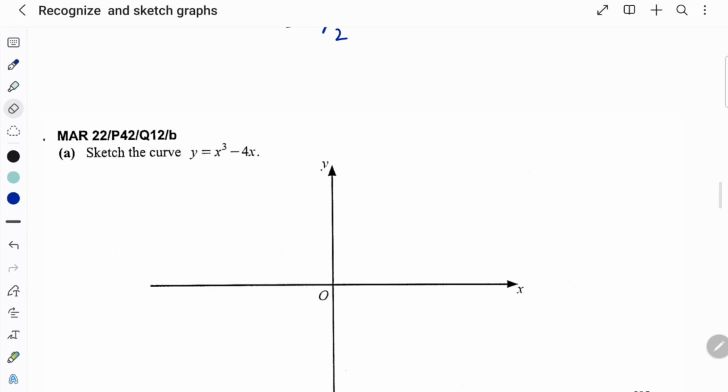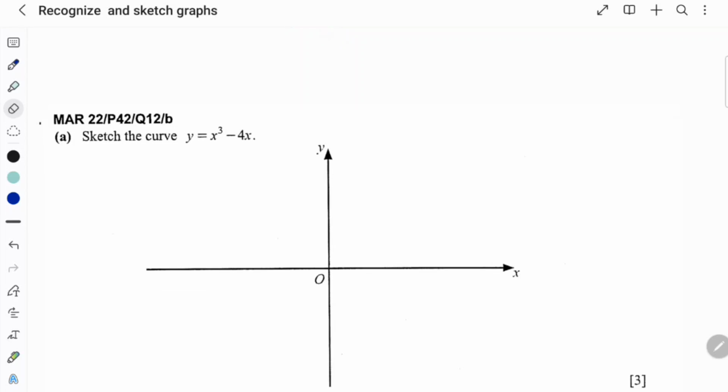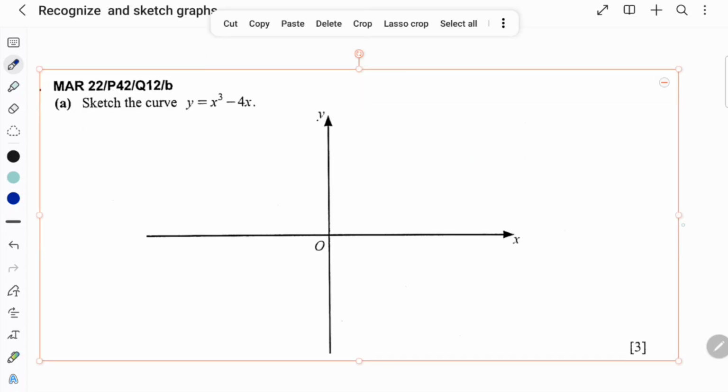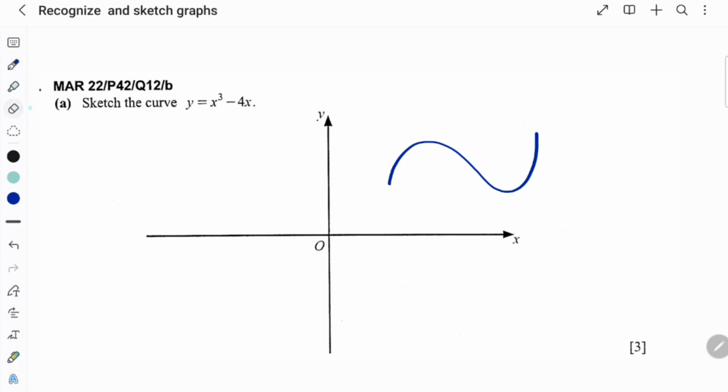Next question, sketch the curve y equals x cubed minus 4x. First of all, we know that it's a cubic equation like this, and it will intersect at the origin here because there is no constant number. So first of all, find x cubed minus 4x equals 0 to get the x-intercept.